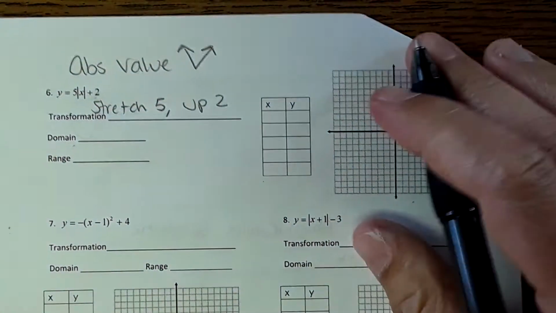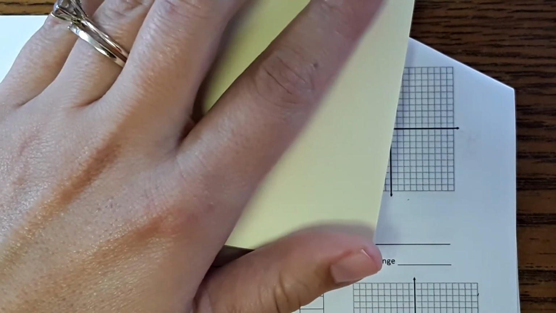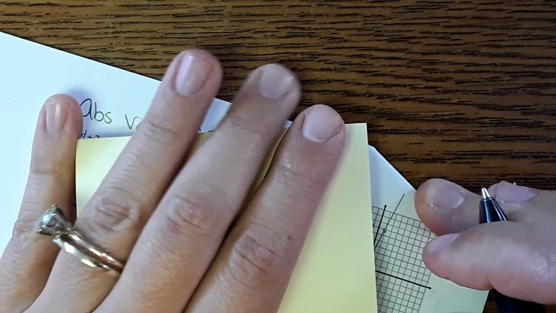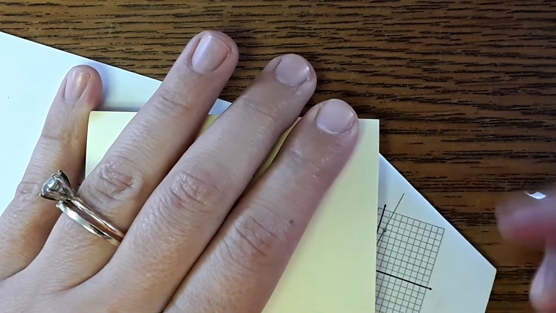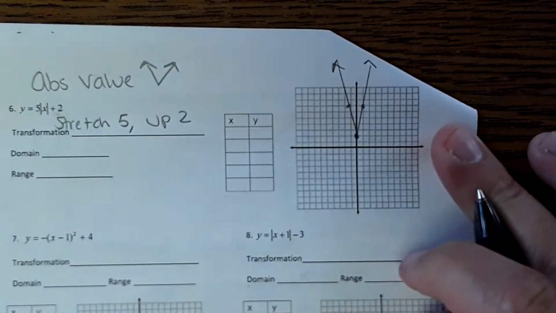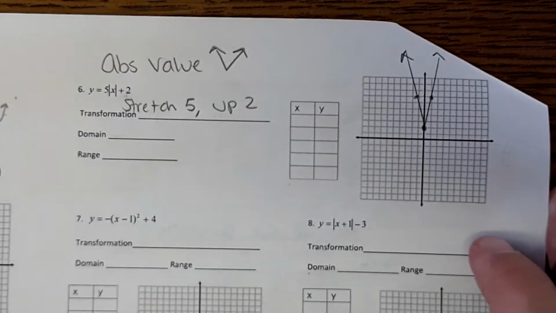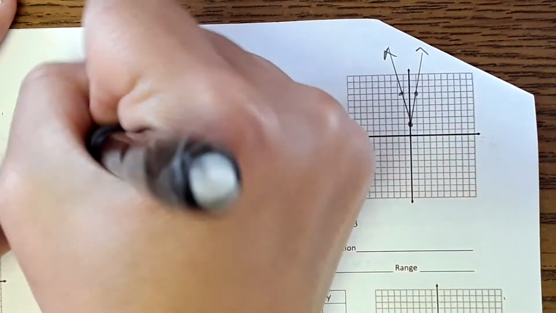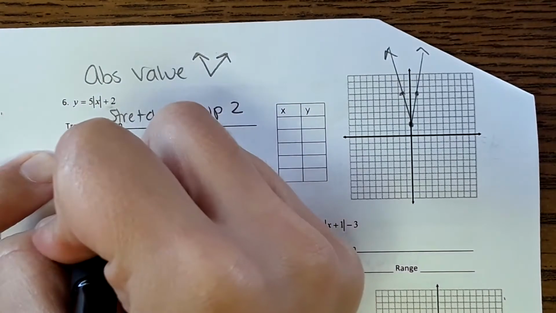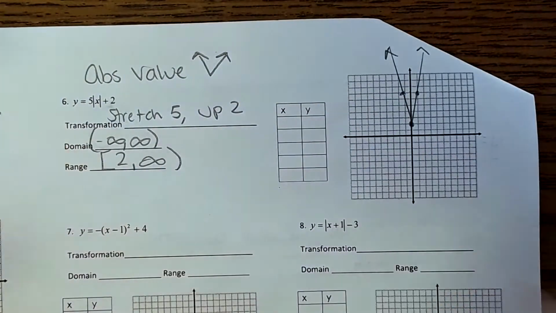So it's going to look like this. And then for domain, negative infinity to infinity. And the range, the lowest y would be at 2, and it goes up to infinity.